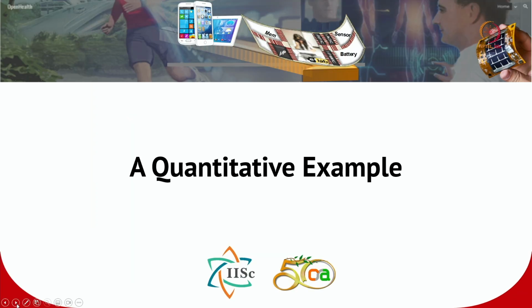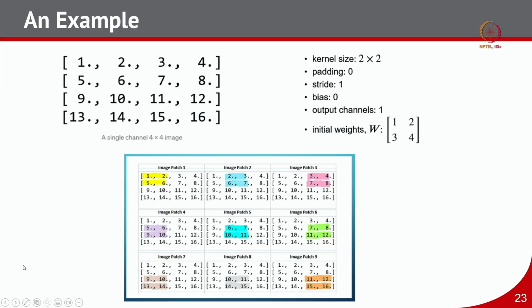Now let us see one quantitative example of this flattening. In this example, the numbers I am showing are actual numbers, no longer the indices. Let us say we have a single channel 4x4 image with pixel values 1, 2, 3, 4, 5, 6, 7, 8. You can argue that these are the indices, but let us say those are the pixel values also.